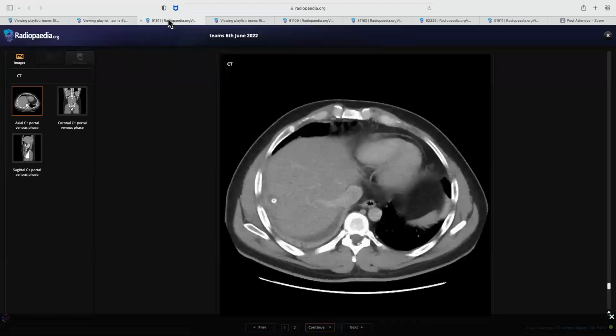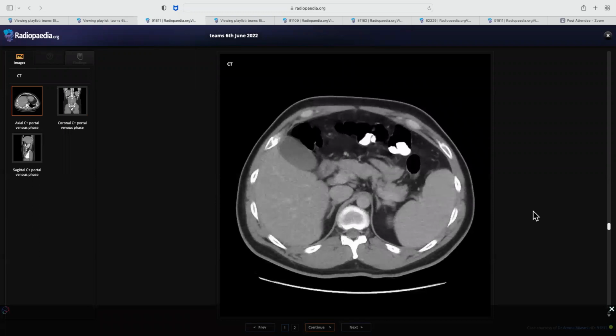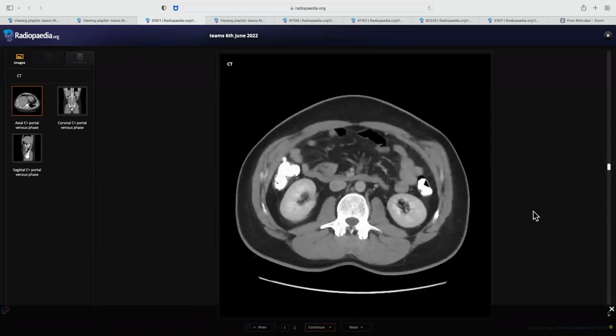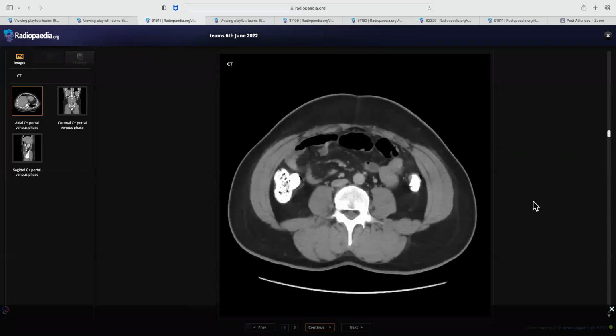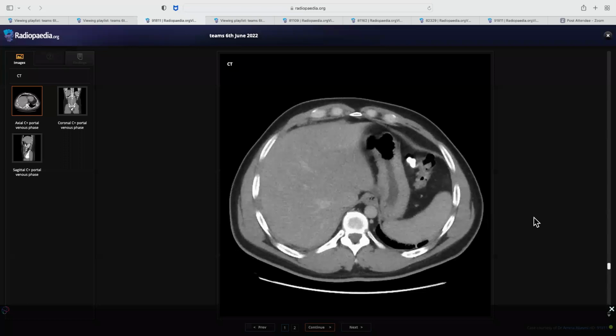Okay, so that's your next case. The patient had a surgery around 1 month back and has now presented with abdominal pain. I'm presented with CT of the abdomen and the pelvis.